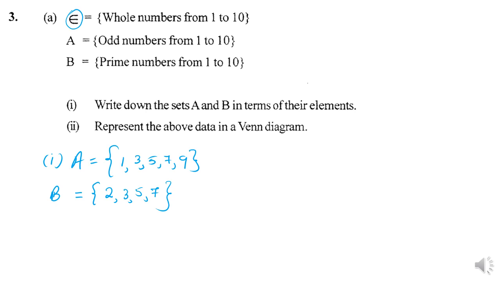Prime numbers, if I tell you about the prime numbers, the definition of prime numbers is that the numbers which have exactly only two distinct factors. That means there are only two different factors for prime numbers, not less, not more, right?